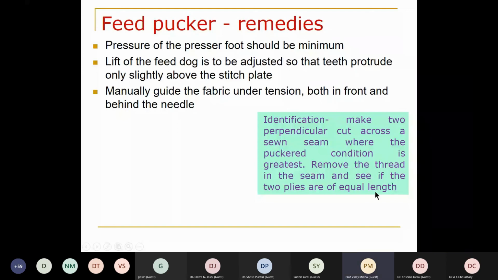So if differential feed is there, one particular ply of the fabric will be longer and the second one will be shorter. So in that case, you can identify that this particular pucker is taking place because of feed pucker. If they are of equal length, then this may be because of certain other reasons.